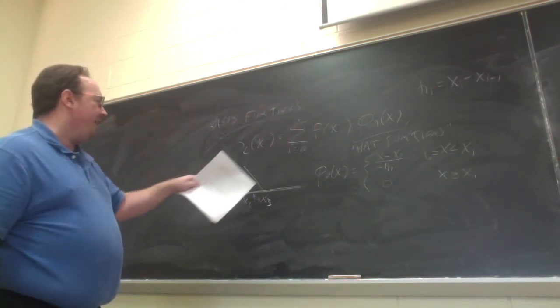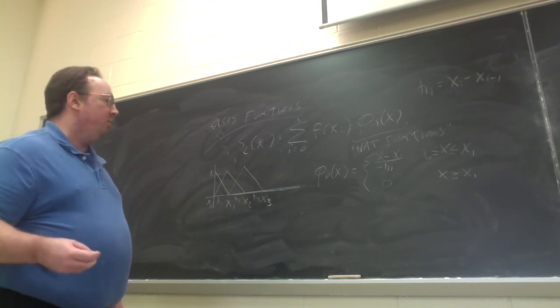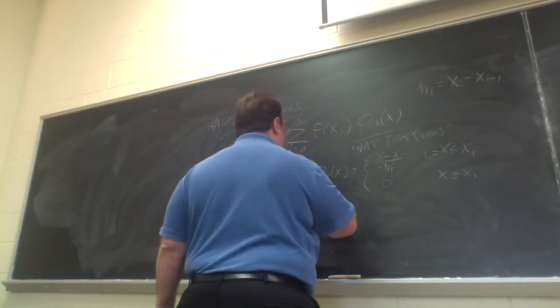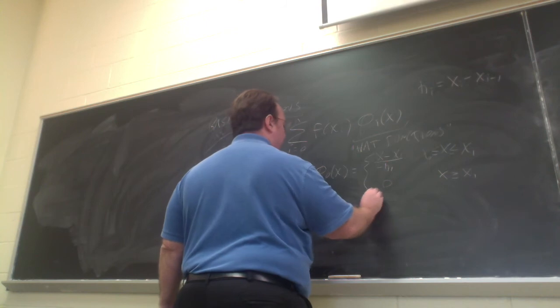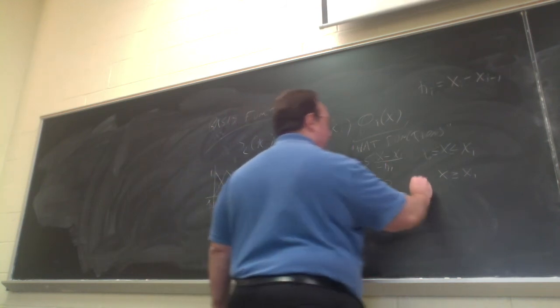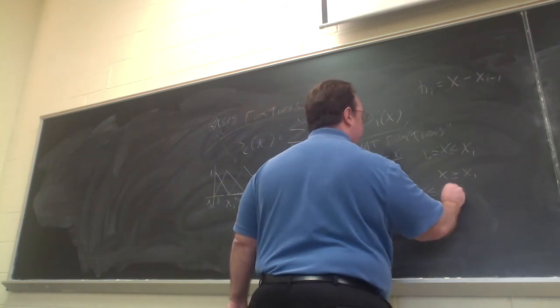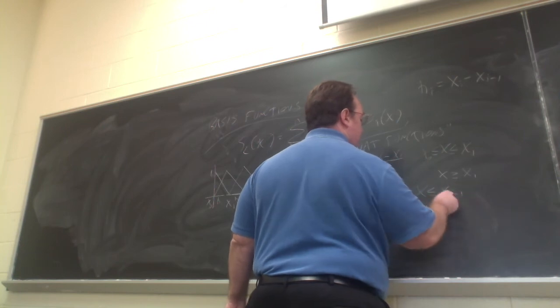It's really only half a hat function. And at the other end, the last hat function also has only two pieces. It's equal to 0 for x up to x n minus 1.